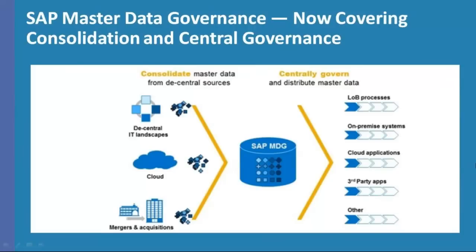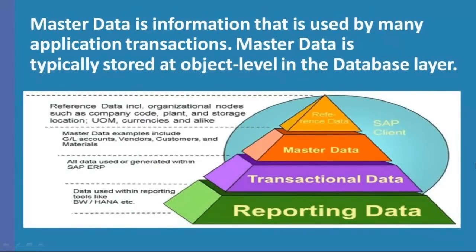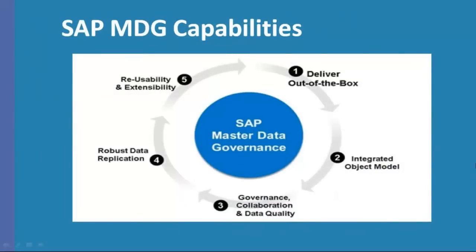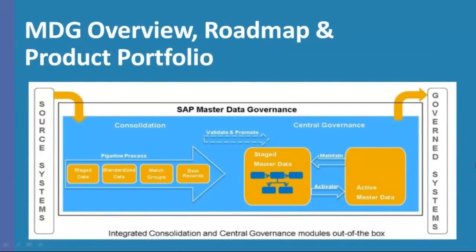Then we talked about the different types of data, like reference data, master data, transactional data, reporting data, etc. Then we talked about MDG capabilities, and then the basic architecture, where we had a source, target, and the basic MDG structure, how the different master data resides, how the process continues through that, just at the very top level, because every detail we will talk about in a different chapter.